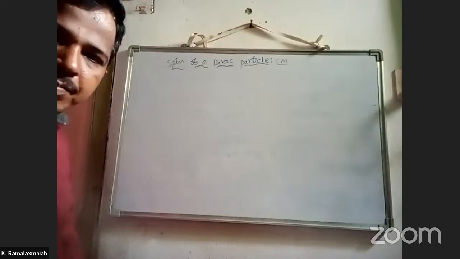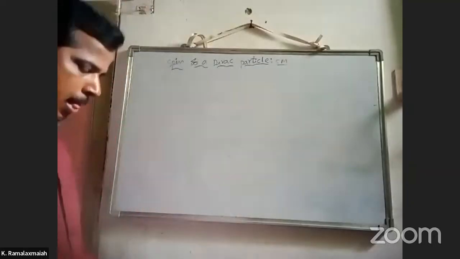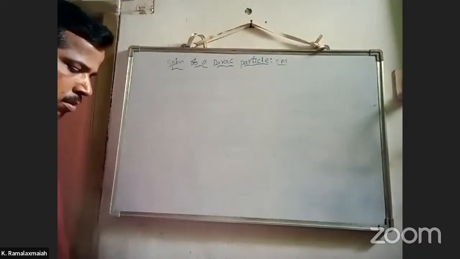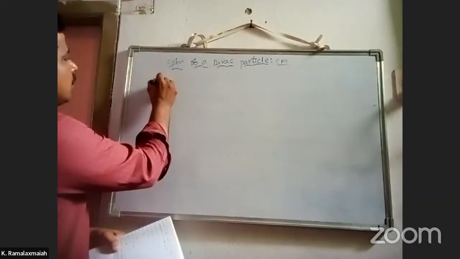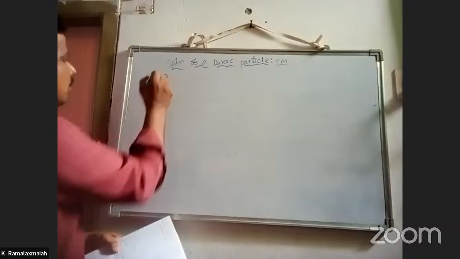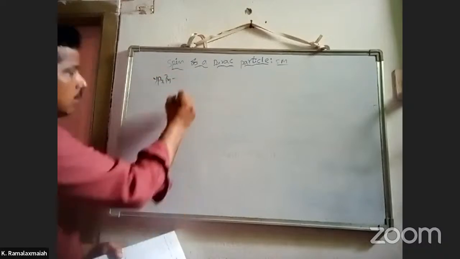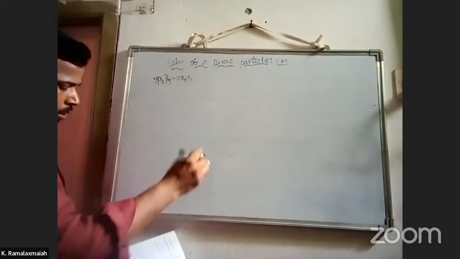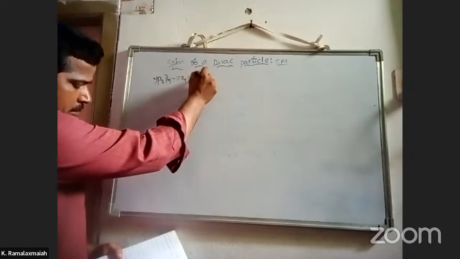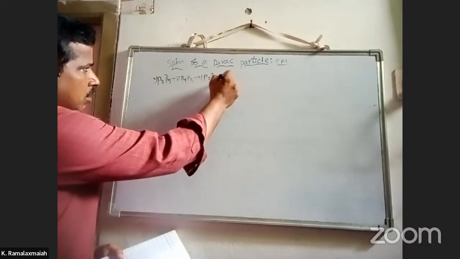So ypz, ypz square py minus zpy pz minus ypz square plus pz.